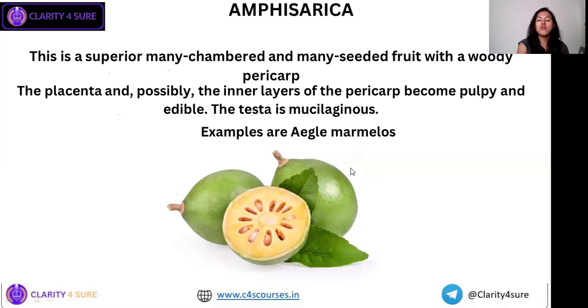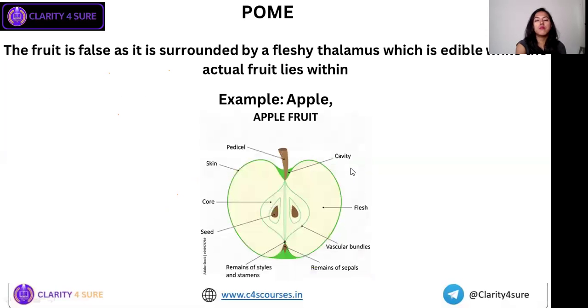Next, we have discussed till now about drupe, about berry, and the modifications of berry, right? Now we'll discuss another type of simple fruit, which is pome. In case of pome, the fruit is false as it is surrounded by fleshy thalamus, which is edible, while the actual fruit lies within it. I have explained this very beautifully in the previous slide, the thalamus part, the ovary part, right?